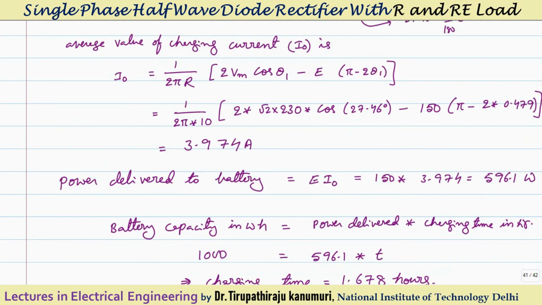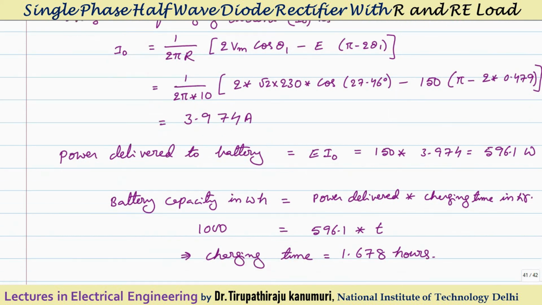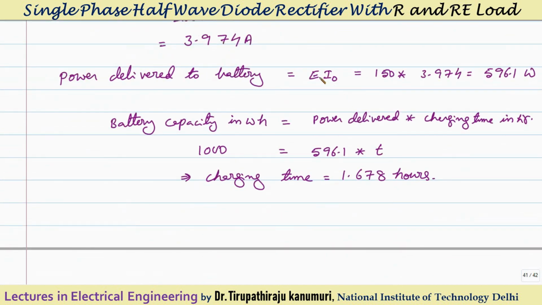Now coming to the average value of the charging current, I have taken the formula and substituted this theta in radians. When I substitute, I got the answer as 3.974 amperes. Now power delivered to the battery will be the voltage of the battery multiplied by the average value of the current that is passing. So it will be 596.1 watts.